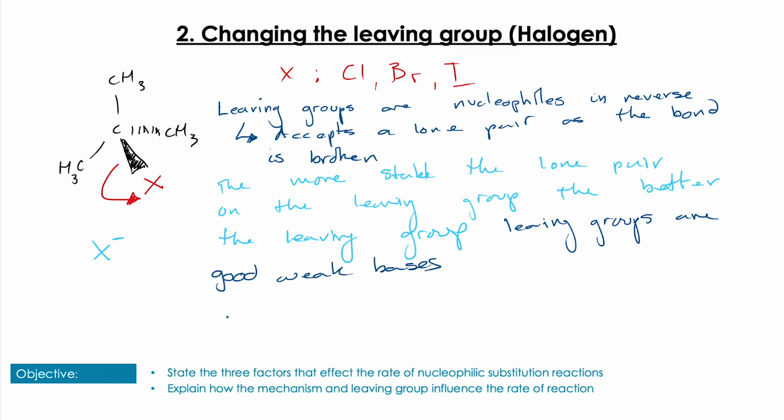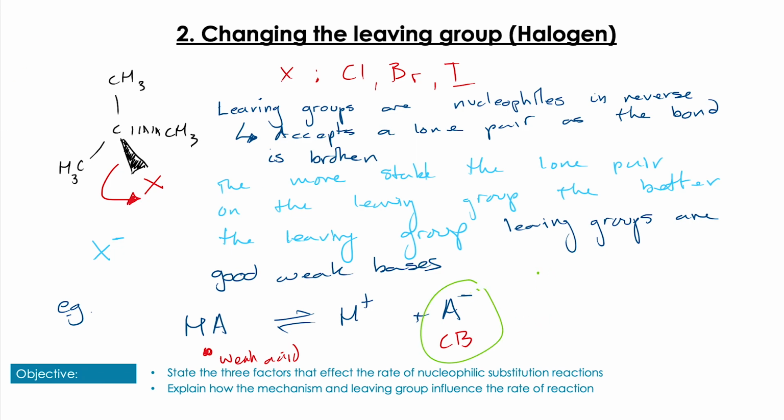The more that equilibrium lies to the right-hand side, the more we have a good weak base, the products in the dissociation of the weak acid. So the conjugate base, if that is a good weak base, then we are going to have a good leaving group.